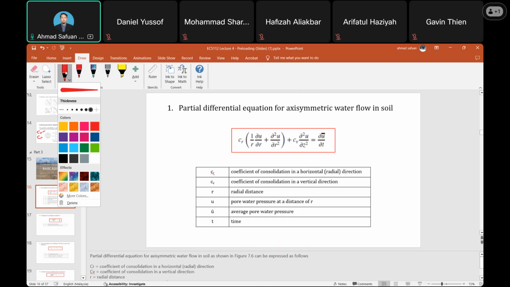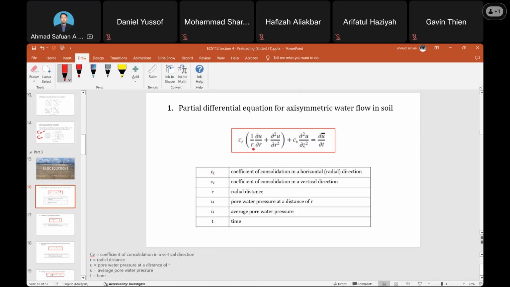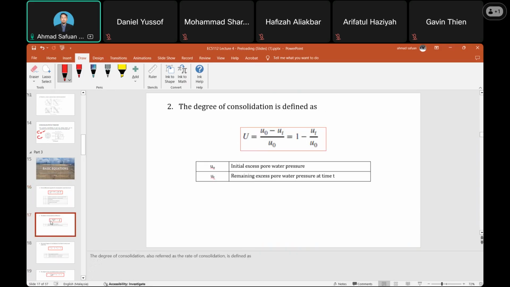Since consolidation is related to time, T is the time. So that is the equation to determine the pore water pressure or water flow inside the soft soil area. Then this is the degree of consolidation.